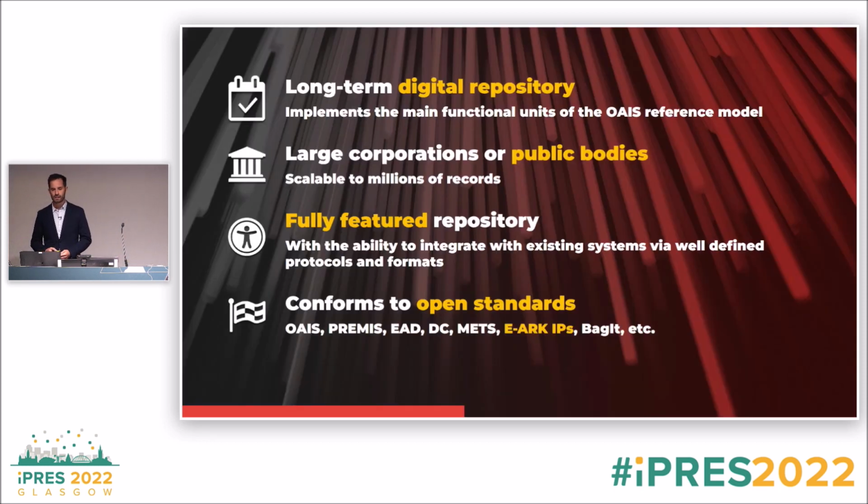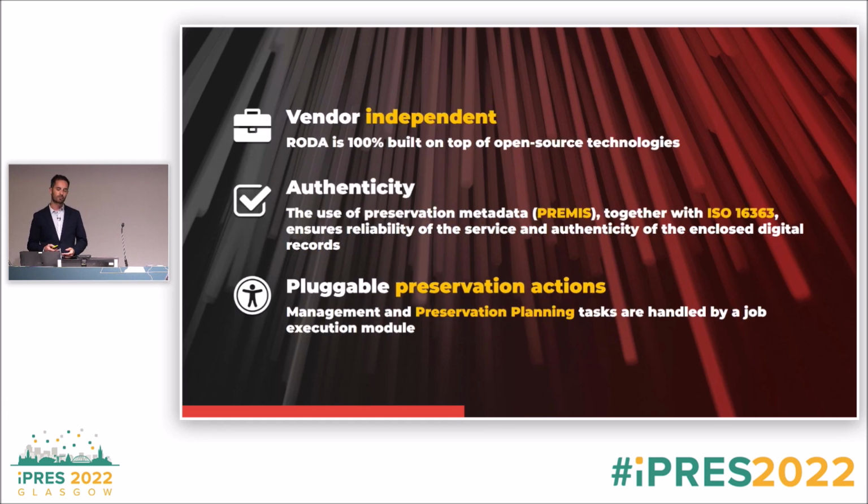So RODA is a long-term digital repository that supports the main functional units of the OAIS reference model. It focuses on large corporations and public bodies. It's a fully featured repository able to integrate with existing systems via well-defined protocols and open standards. It is 100% built upon open source technologies. It focuses on authenticity by the use and production of preservation metadata using PREMIS, together with features that cope with the technical requirements of ISO 16363.